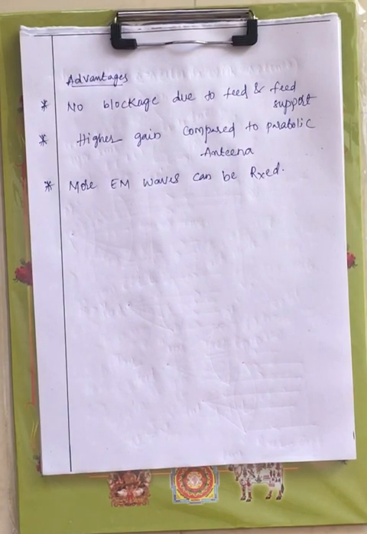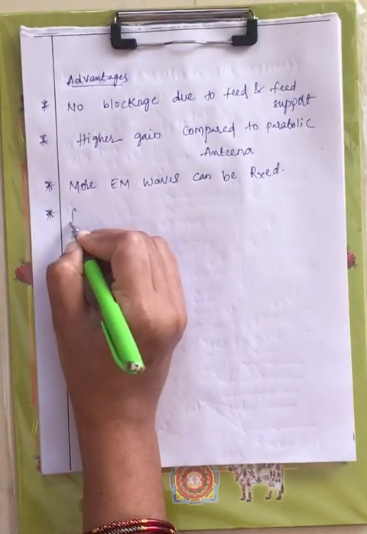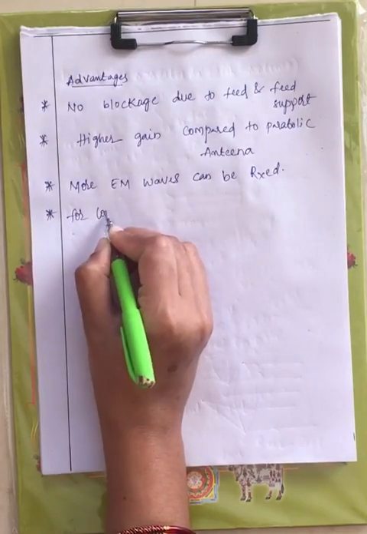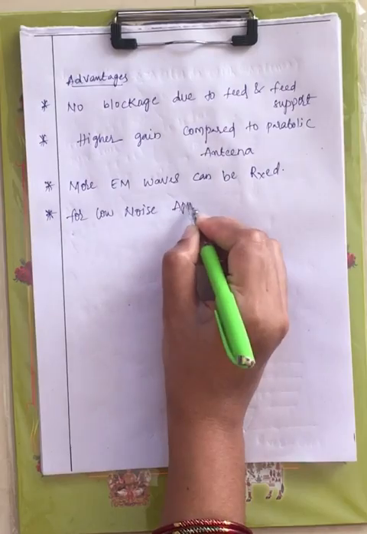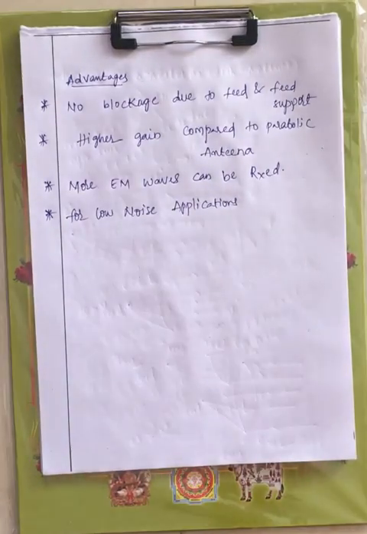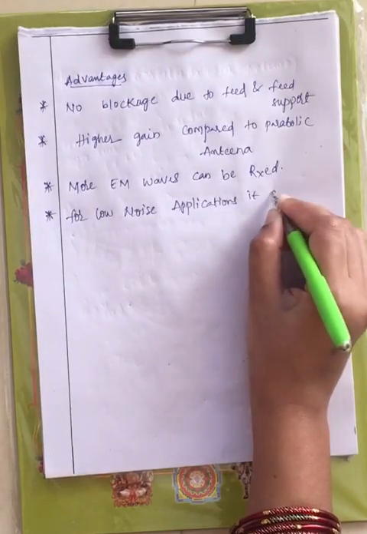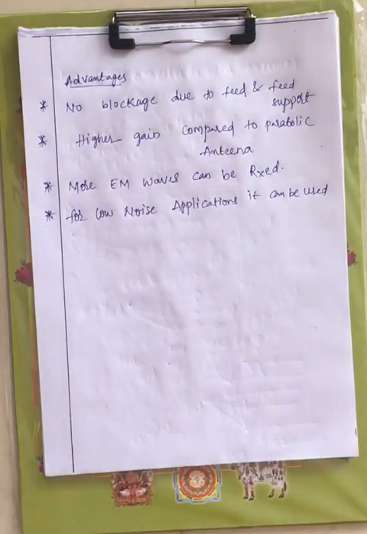Now these are the advantages. And one more advantage is that for low noise applications, you can use this antenna. Now these are the advantages of lens antenna.